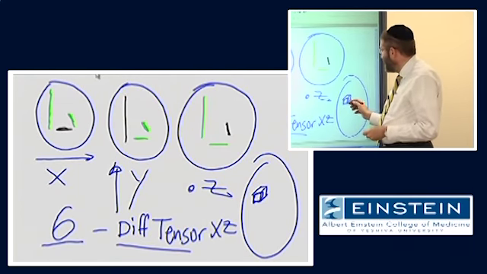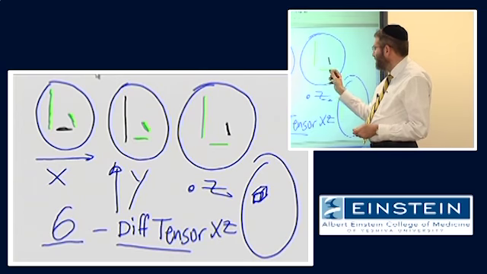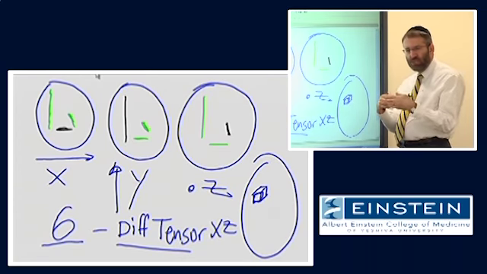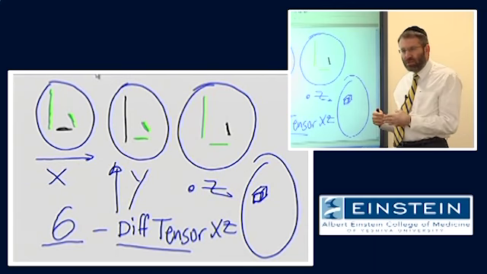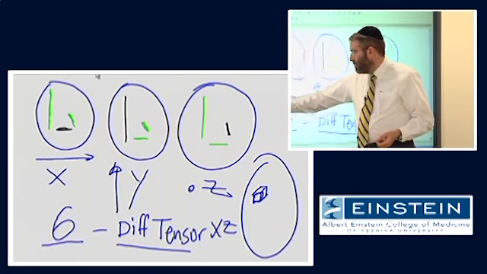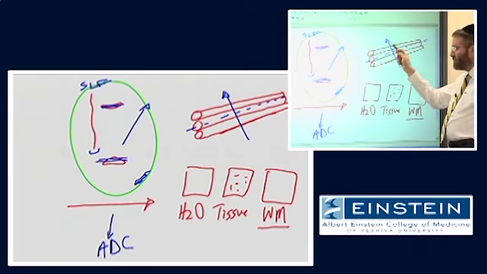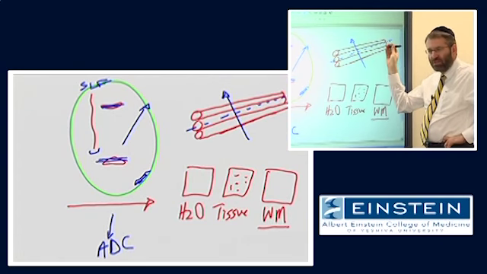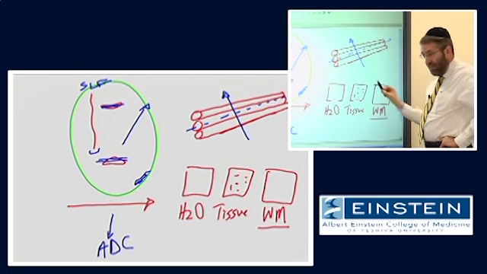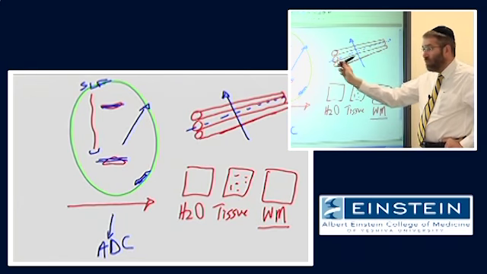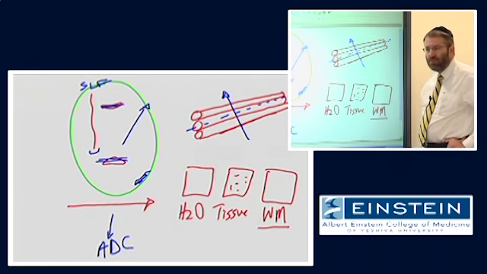I don't mean to say that in the corpus callosum, every single one of those protons is moving in exactly the same direction. First of all, when we looked at this example, this is not an absolute. It doesn't mean that in white matter, diffusion is only parallel to the direction of the fibers and never is perpendicular. It just means that it is much more likely for those spins to move along the axis of the fiber.